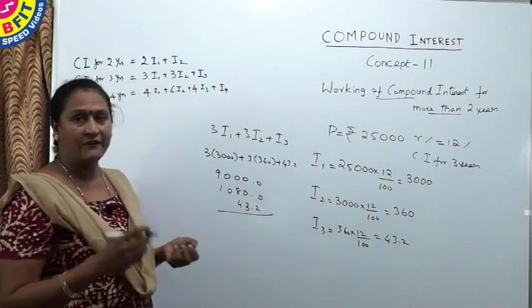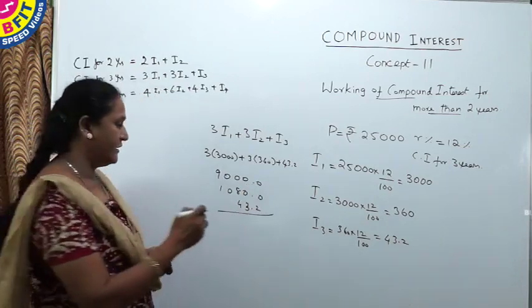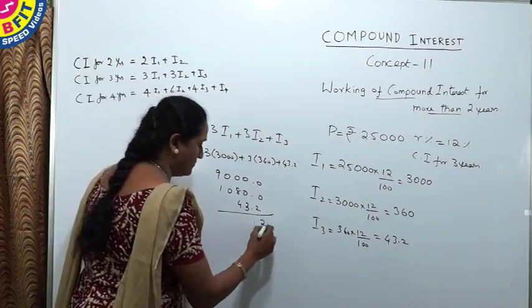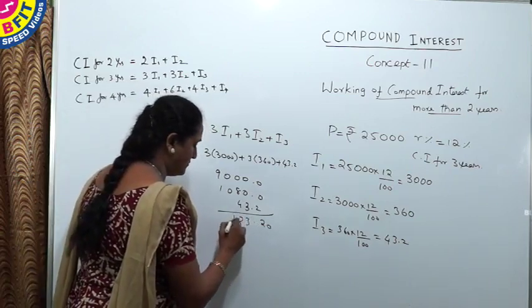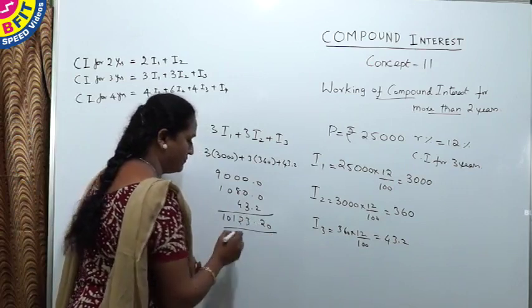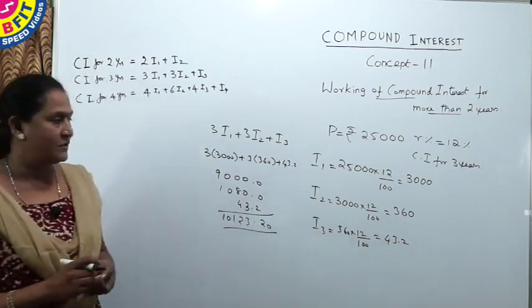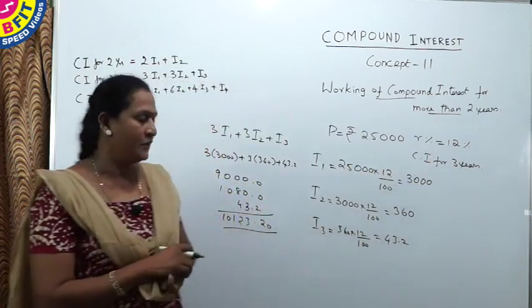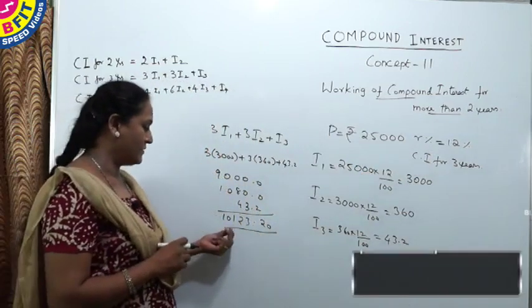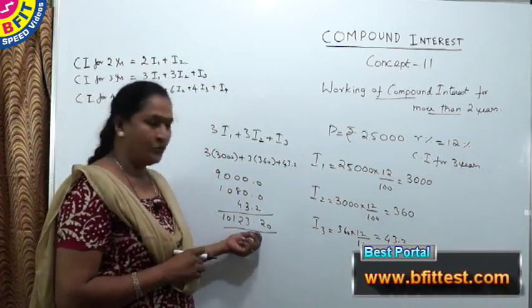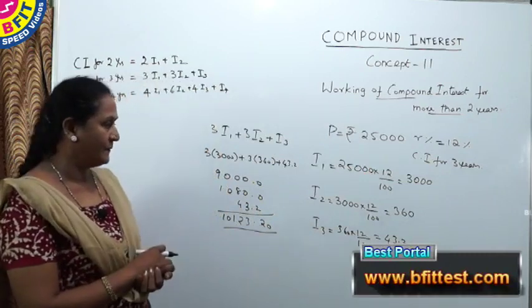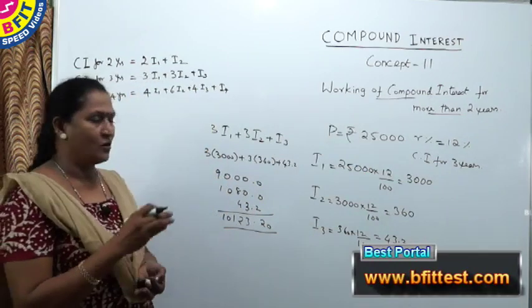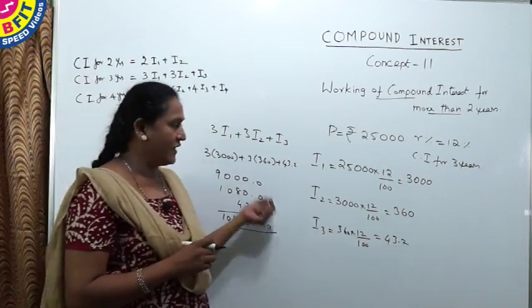After adding, we get the compound interest for 3 years. So for a sum of 25,000 at rate 12%, the compound interest for 3 years is 10,123.20, that is 20 paise.